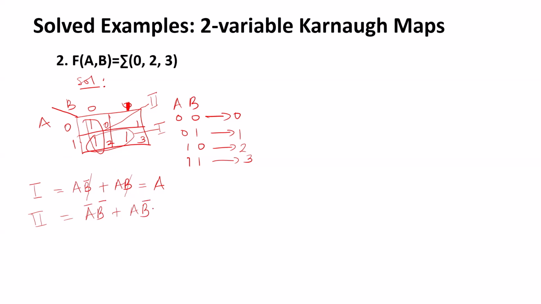So we have A B bar. In the same way, we have A and the negation of A cancelling each other. And this gives us B bar. So the output that we are looking for is now equation 1 plus 2, which is A plus B bar.